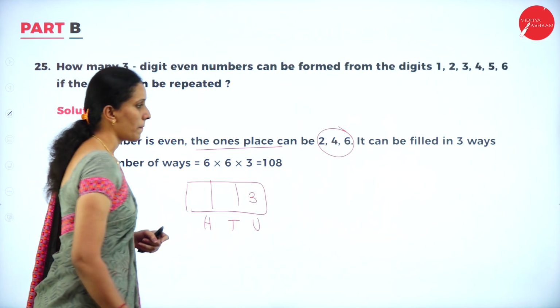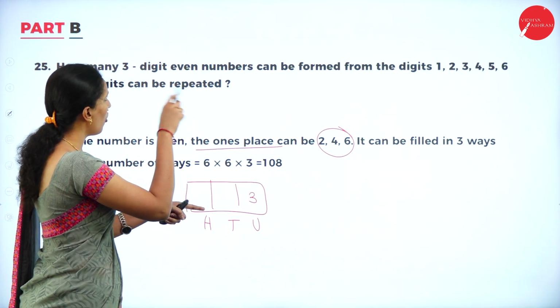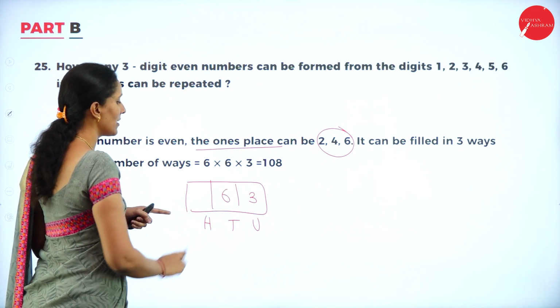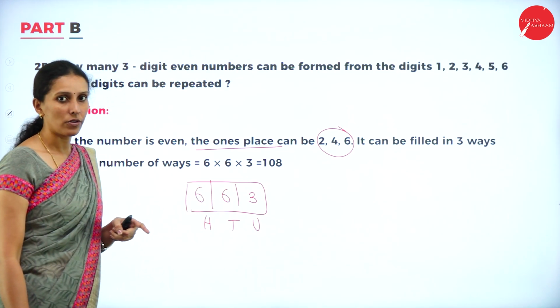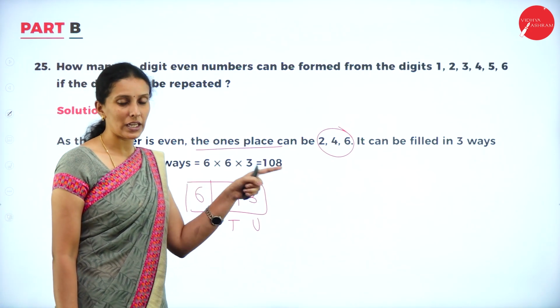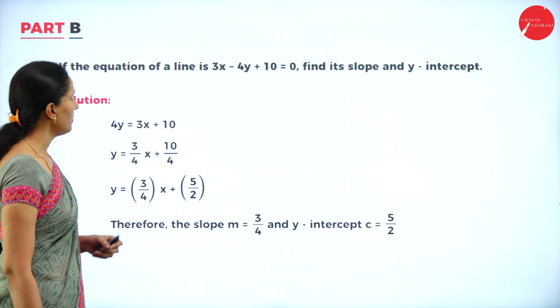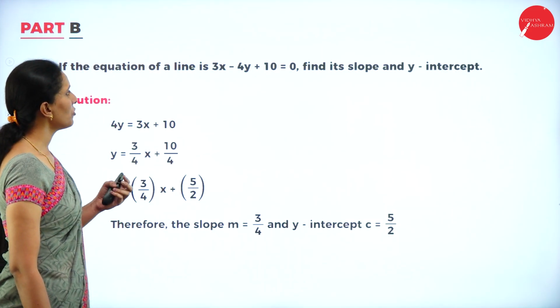Hence it is 3 here. And since the digits can be repeated, you can fill any of the 6 numbers in the tens place also, and the hundreds place also. Hence the number of ways will be 6 into 6 into 3, that is 108.